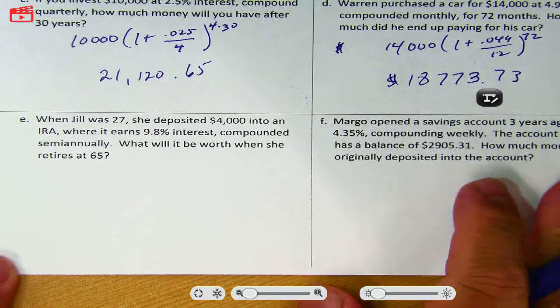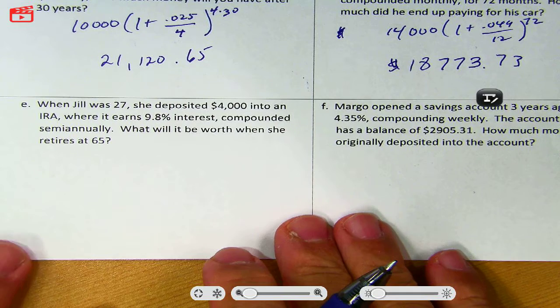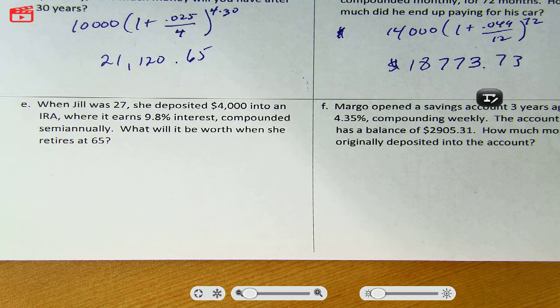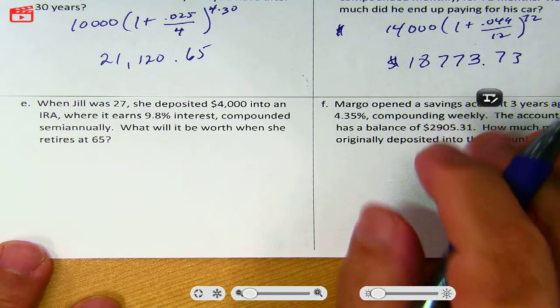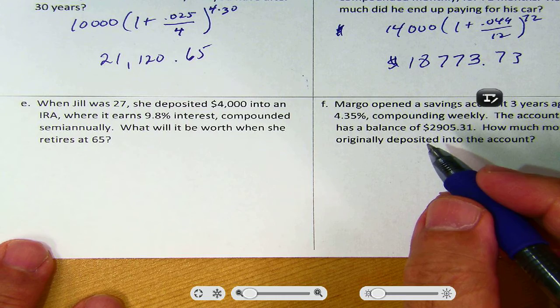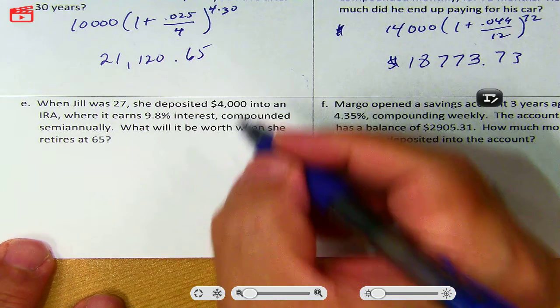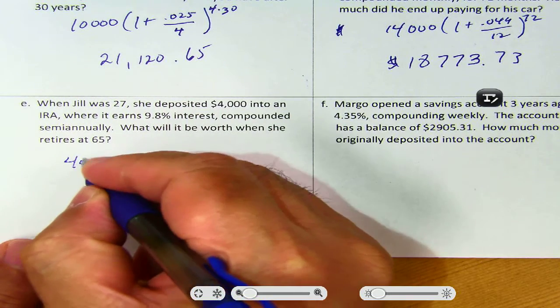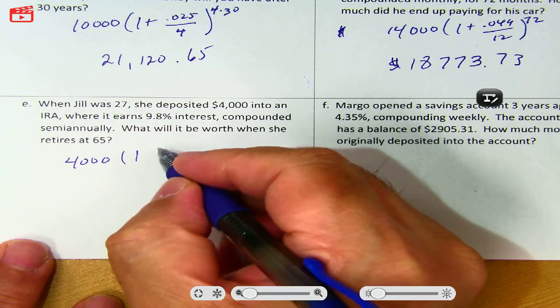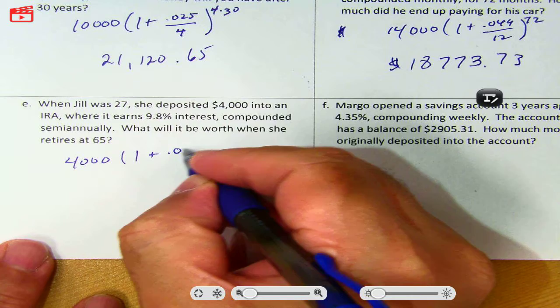Okay. E. When Jill was 27, she deposited $4,000 into an IRA. IRA is an individual retirement account, where it earns 9.8% interest, compounded semi-annually. What will it be worth when she retires at 65? All right, so she's put $4,000 in. The interest rate is 9.8, so plus 0.098.